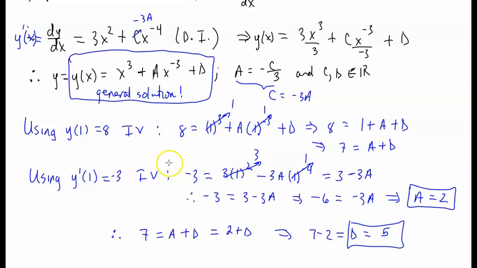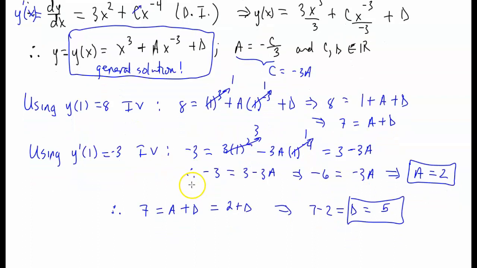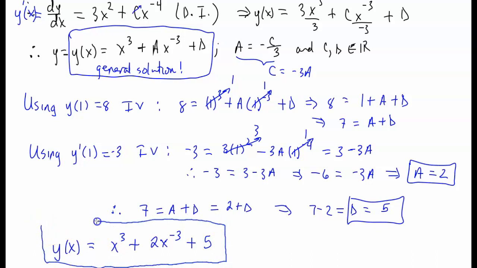And so now we know what our actual particular solution would be for this ODE. y of x is equal to x cubed plus our a, which is 2, times x raised to negative 3, plus our d, which is 5. And this would be our particular solution for this ODE given our initial conditions.